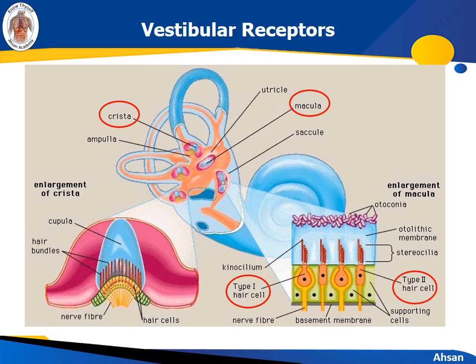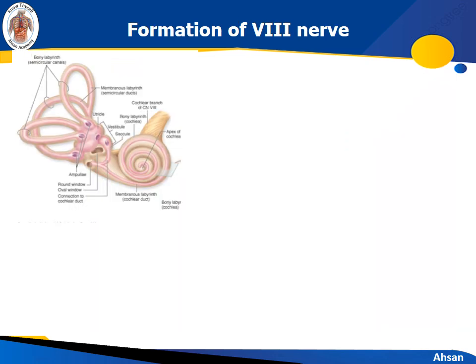This mechanical stimulation is converted into a nerve impulse by the receptor nerve endings. So this will identify the position of the head, and they will initiate an impulse.